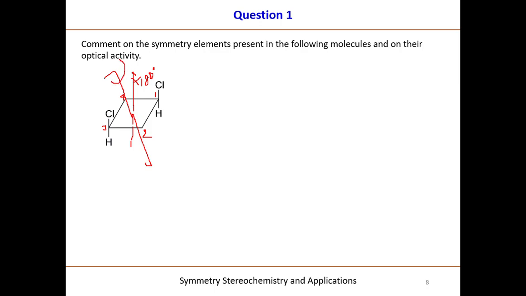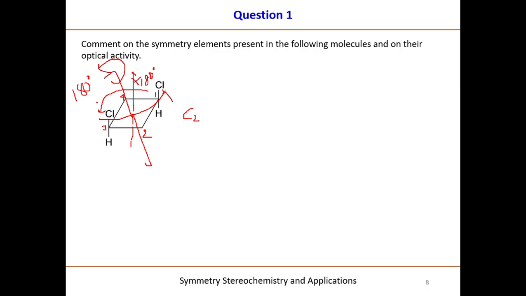And if you rotate this molecule by 180 degrees, what will happen? This chlorine group will go this side and this will go this side, correct? This way. If rotation takes place this way, you will get an indistinguishable image of the original molecule. That means here we have a C2 axis present. C2 axis is present, correct?